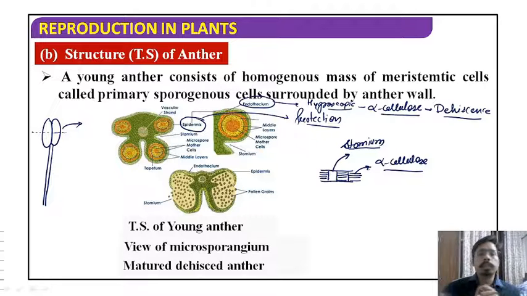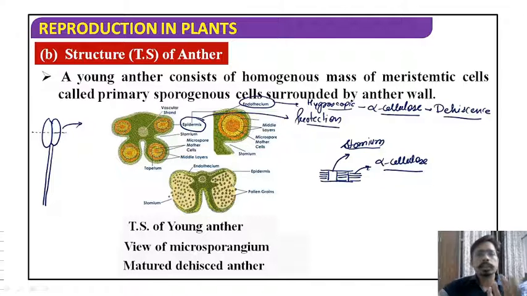This stomium is basically responsible for performing dehiscence, and in the spring season there is the highest chance of dehiscence.